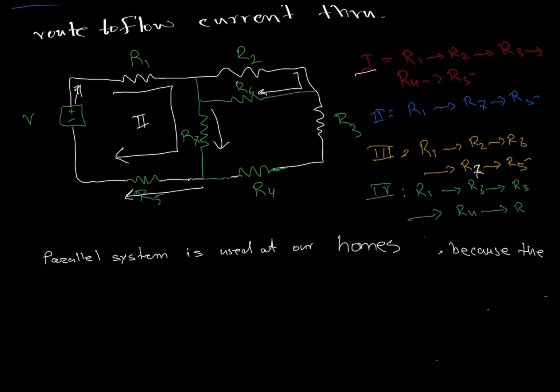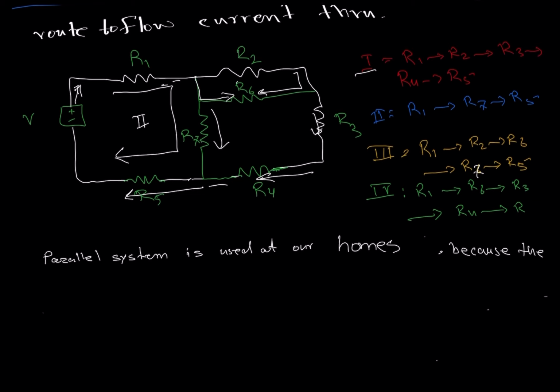And route 4 will be going from R1, R6, because it will go this way, R1, R6, R3, R4, and finally back to R5, and then back to the battery terminal. So we'll complete the circuit.